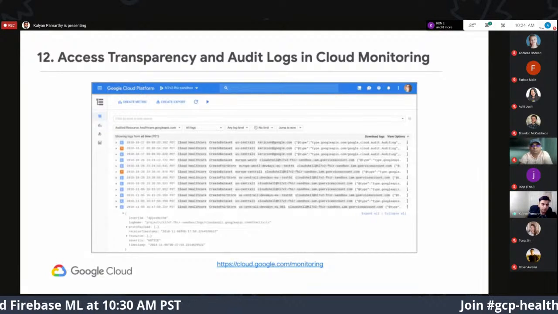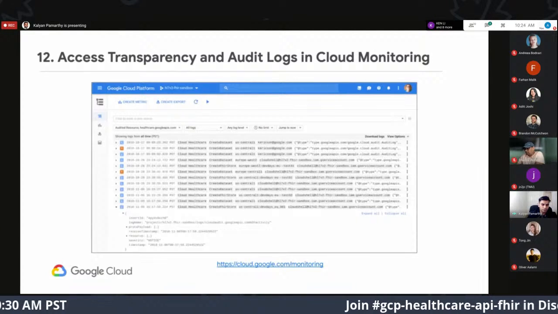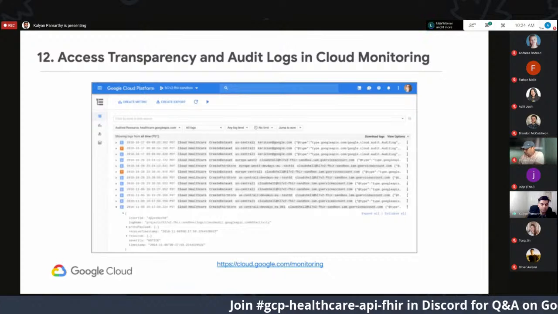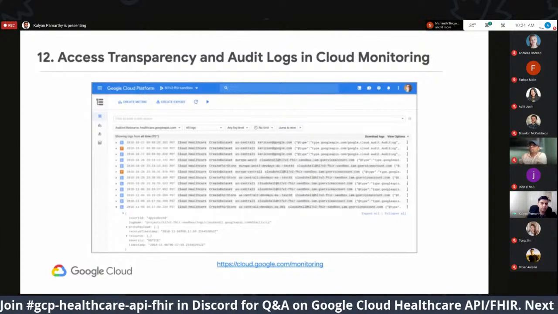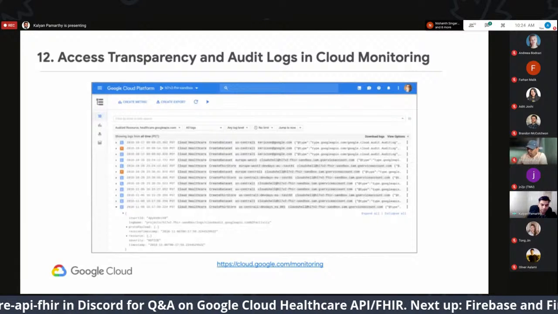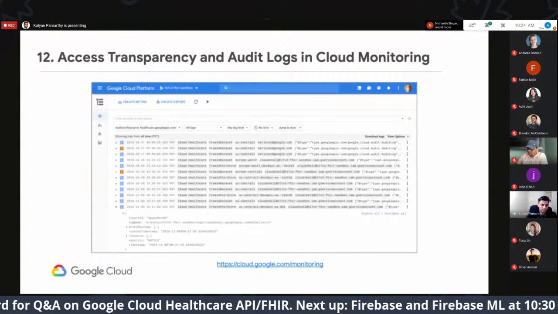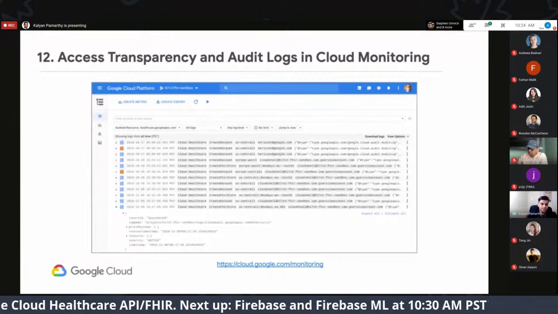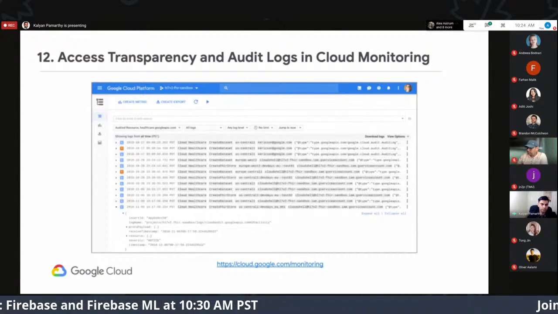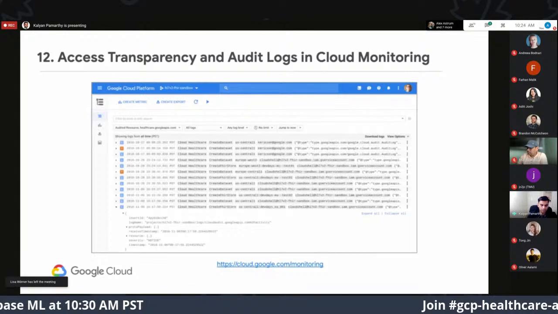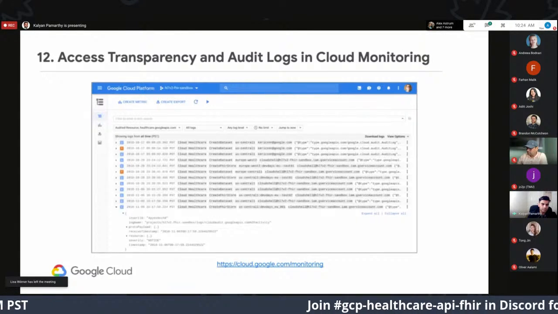That's where you see all the logs of your interactions with the FHIR store. So every operation, every interaction, you'll be able to see logs of who did what with that data. If you're running into any errors accessing the store, obviously you'll get the errors in your responses. But if you want to go check out logs, you can always go to Cloud Monitoring to see what's happening in the backend.